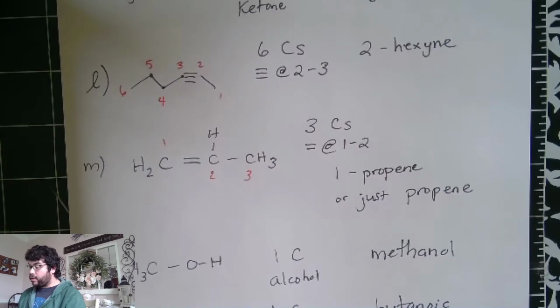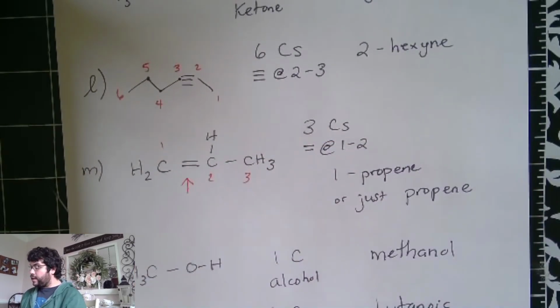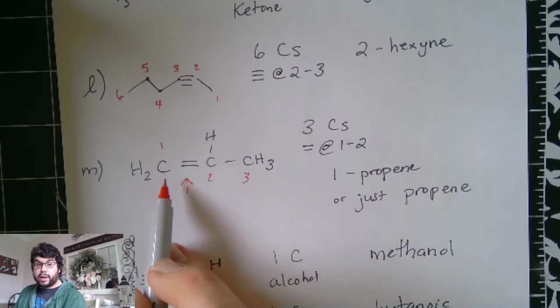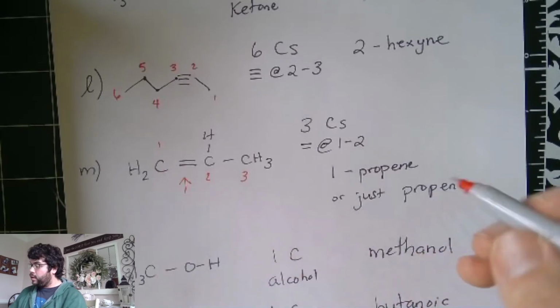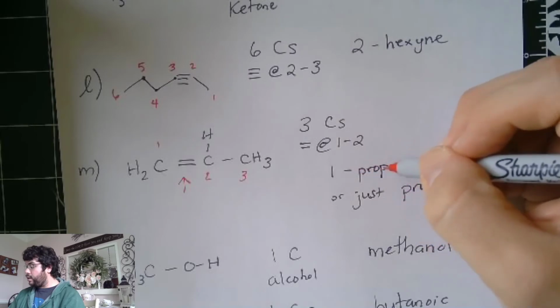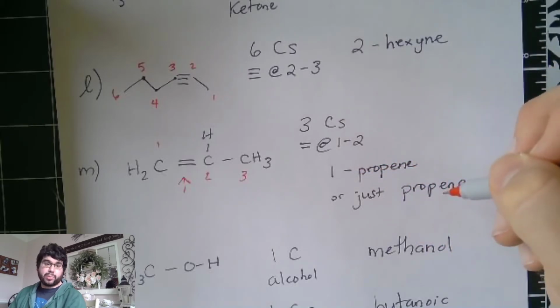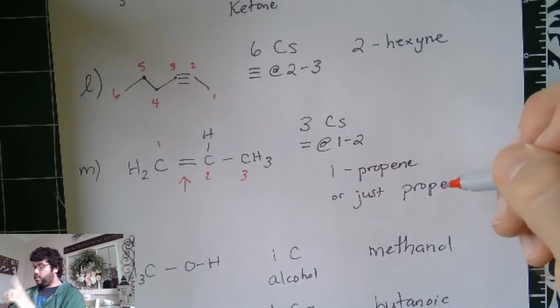This is some kind of alkene. You've got a double bond there. And we're going to say that this is the 1st carbon because that double bond is closest to the 1st carbon there. So 1, 2, 3. So 3 carbons. The double bond is at the 1st to the 2nd carbon. So 1-propene. You could just really call this propene because people would assume if you say propene, you're talking about the carbon 1 to carbon 2 bond.